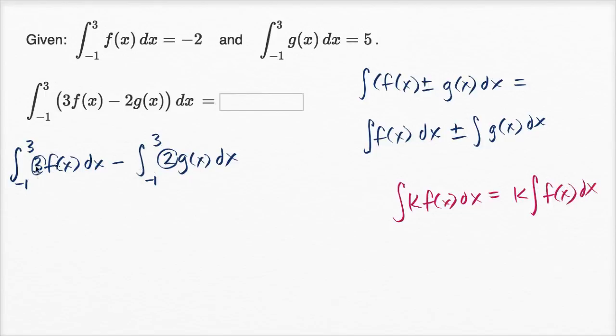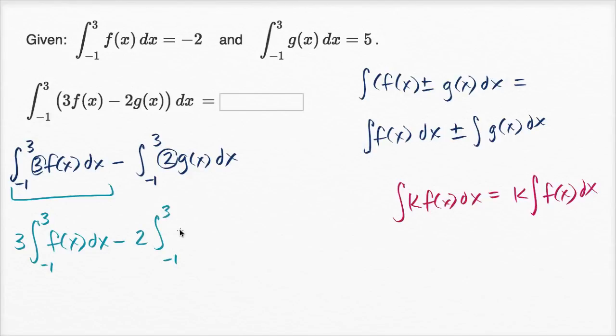So I can rewrite this first integral as 3 times the definite integral from -1 to 3 of f of x dx minus 2 times the definite integral from -1 to 3 of g of x dx. Actually, let me do the second one in a different color, magenta. And what is this going to be equal to?